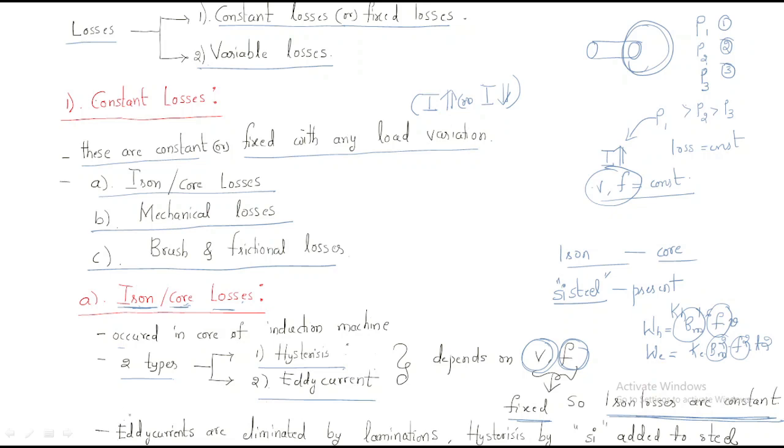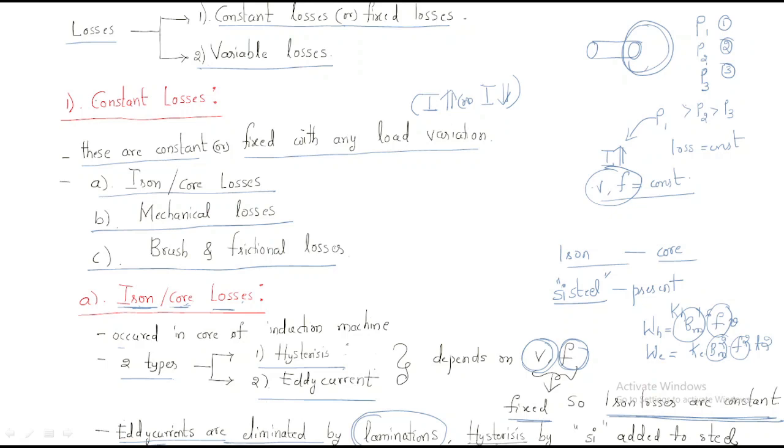Next, in order to control these losses, eddy currents are eliminated by laminations. By using laminations, we remove the eddy currents. Laminations means taking the core and dividing it into thin insulated parts, then the eddy currents are reduced. Next, hysteresis loss.